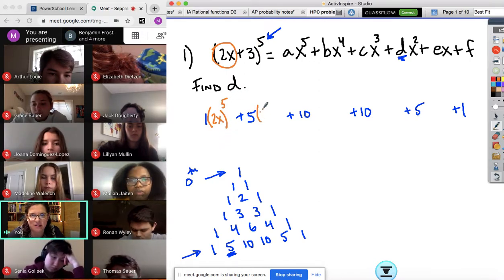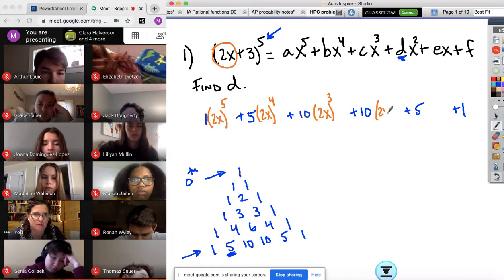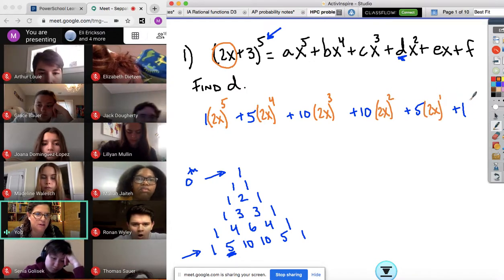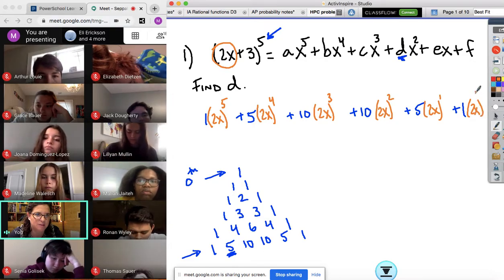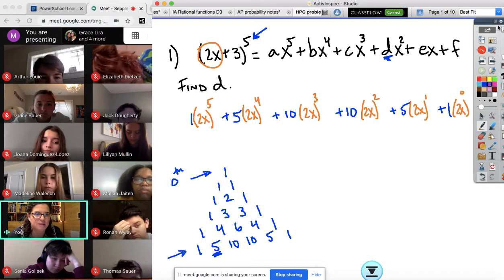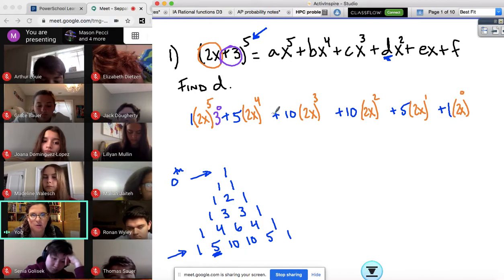And then that is going to decrease along the way, and eventually it will have an exponent of 0. Whatever is listed second, in this case a 3, is going to start at the 0 power, and it's going to work its way up to the highest exponent.